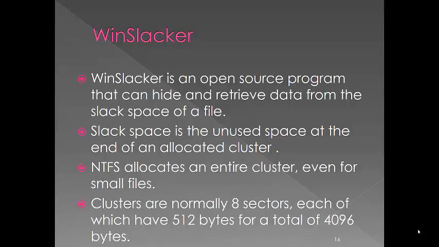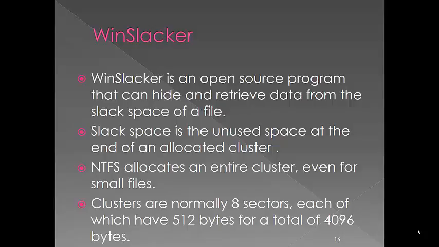Now the other type of slack is disk slack. Disk slack is unallocated disk space. So let's say I find a place on the disk that's completely unallocated, and I can just read and write to and from that area. The only thing is there's a tremendous danger that it gets overwritten.